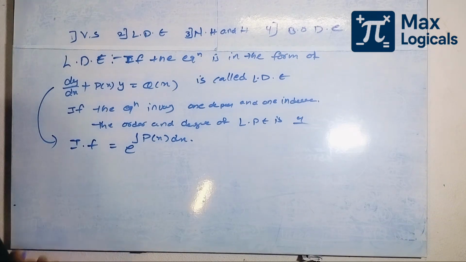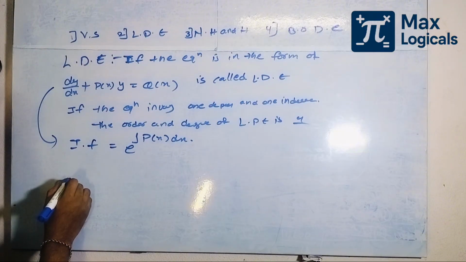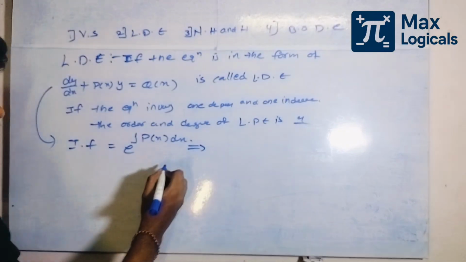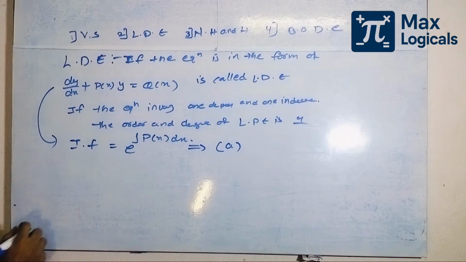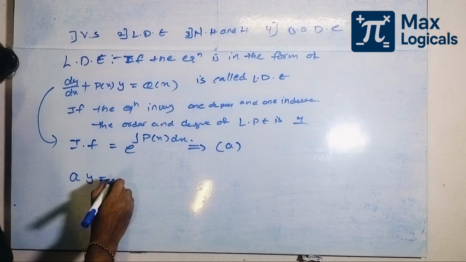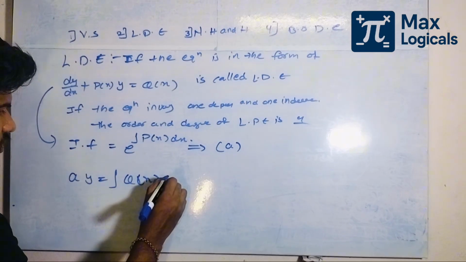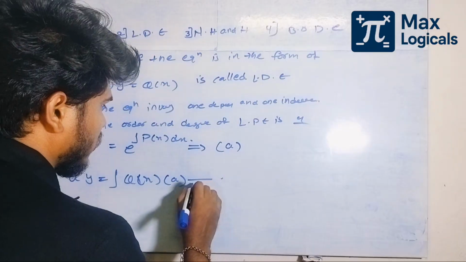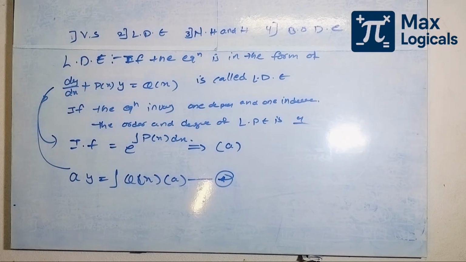With this integrating factor, the solution of the differential equation is the integrating factor, I call it IF, into y equal to integral q of x into IF dx. This is the solution of the given differential equation.